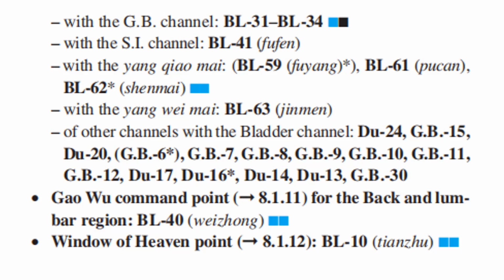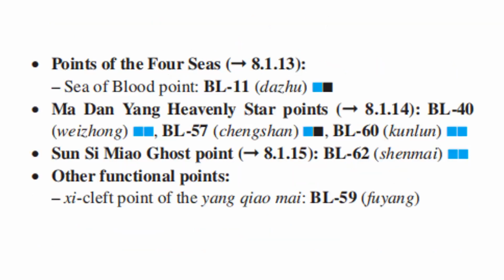Window of heaven point, bladder 10. Points of the 4 C's: sea of blood point, bladder 11. Ma Dan Yang heavenly star point, bladder 40, bladder 57, bladder 60. Sun Si Miao ghost point, bladder 62. Other functional points: cleft point of the Yang Qiaomai, bladder 59.